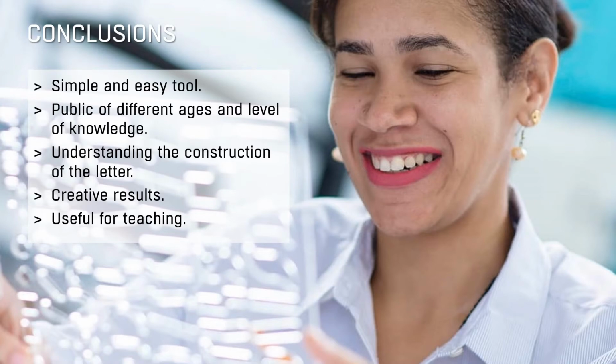The Super Veloz stencil is revealed as a simple and easy-to-use tool for both an informed audience and an inexperienced audience. It is suitable for both adults and children. The drawing of a letter can be done without previous knowledge of calligraphy or lettering.